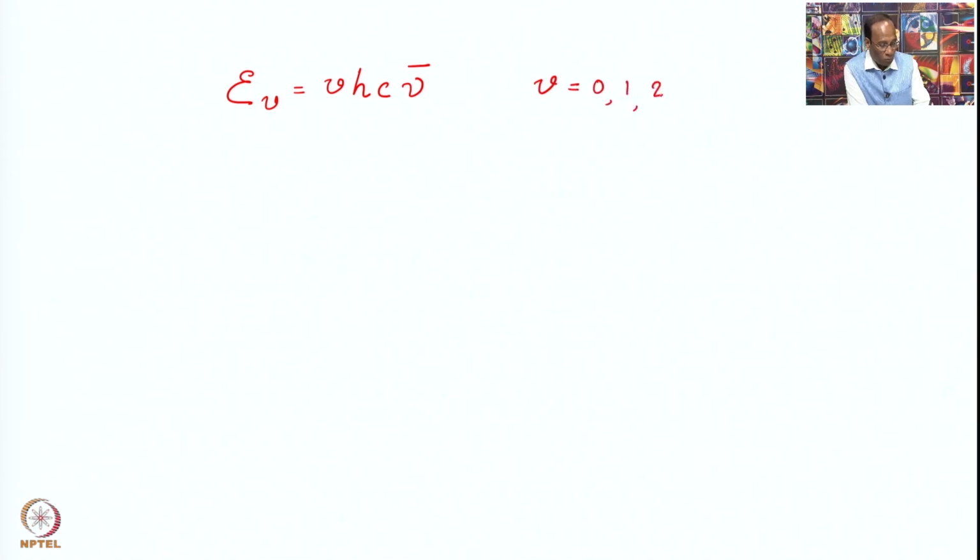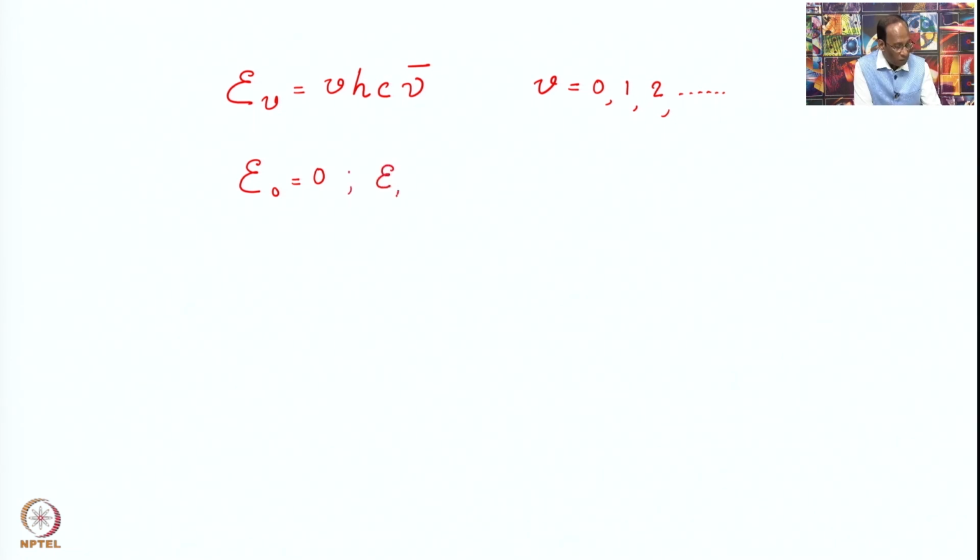So what I have now is Ev is equal to v hc nu bar, where the vibrational quantum number will be 0, 1, 2, etc. Obviously, E0 will be equal to 0 according to this.